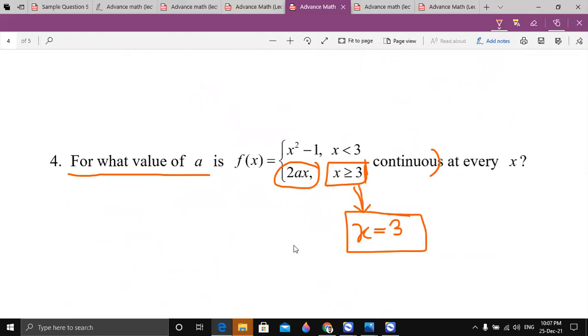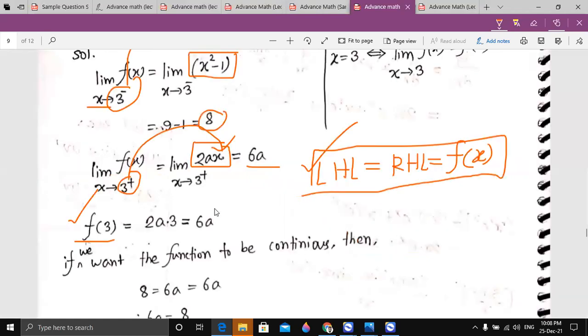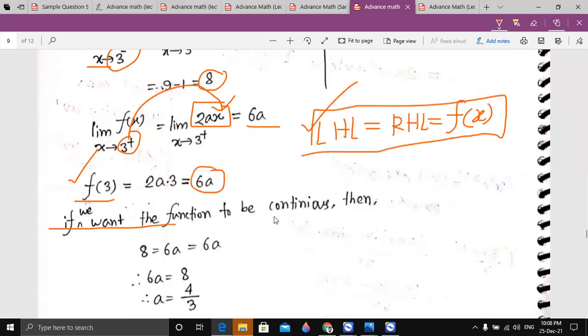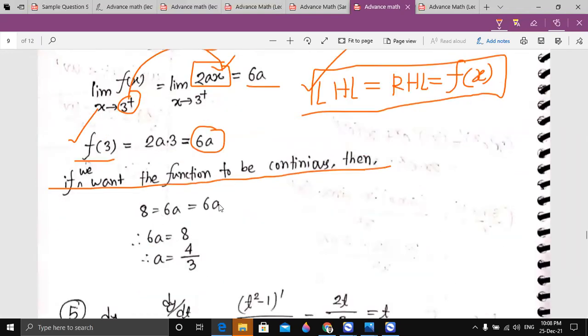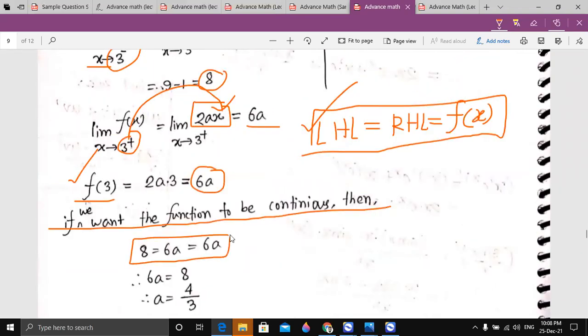For function value we have to take this function, because for this function x is equal to 3. So if I substitute 3 here, I will get 6a. So if we want the function to be continuous, then our condition is that left hand limit, right hand limit, and the function value are the same.